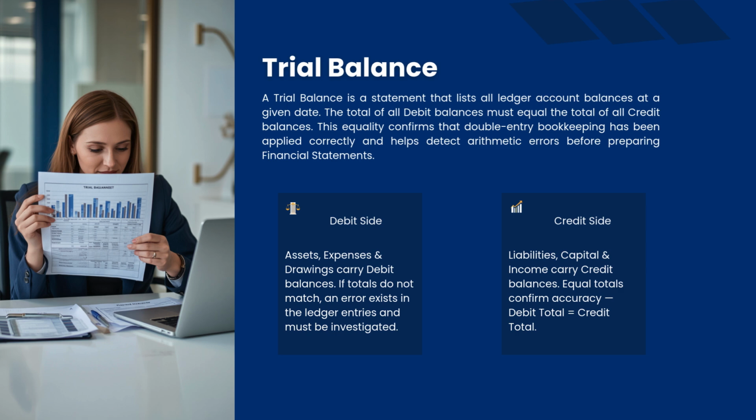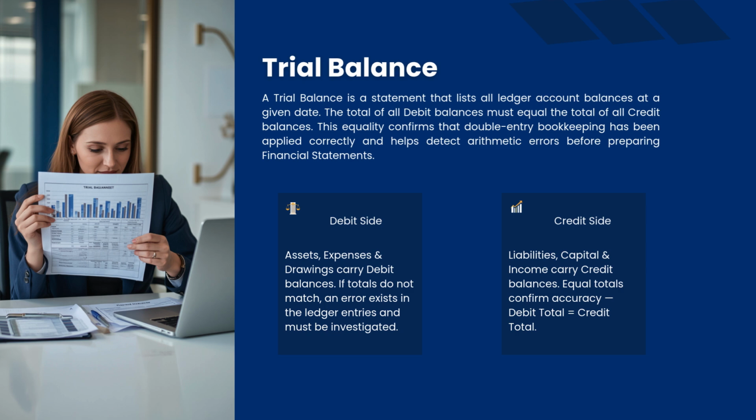Trial balance. At the end of a period, like the year end, all of the closing balances of all ledger accounts are taken out, and they are matched to see whether they balance or not.